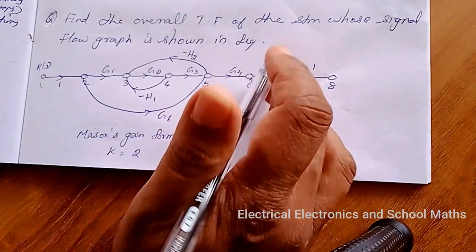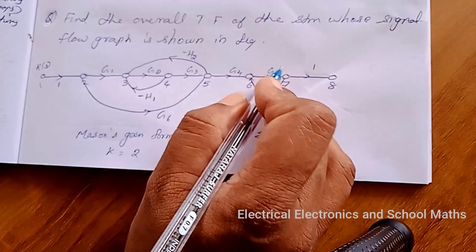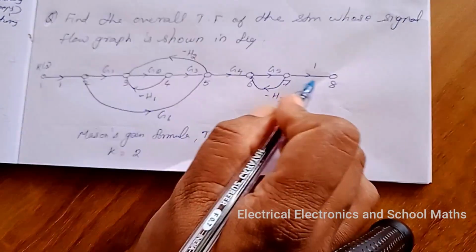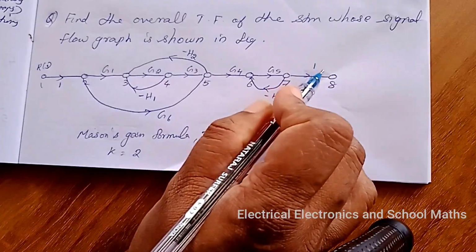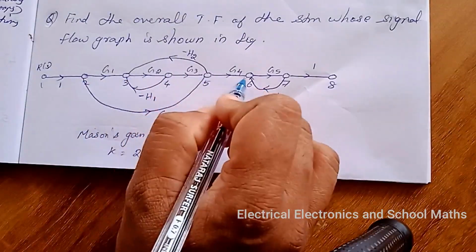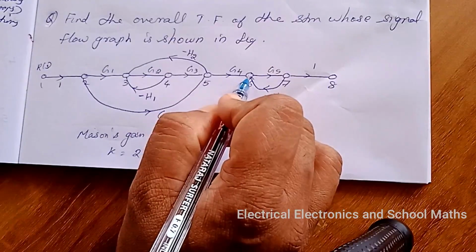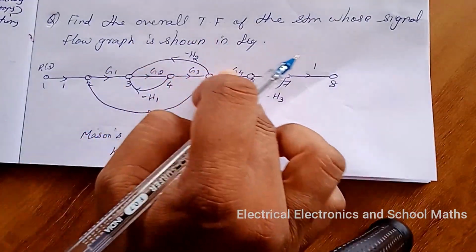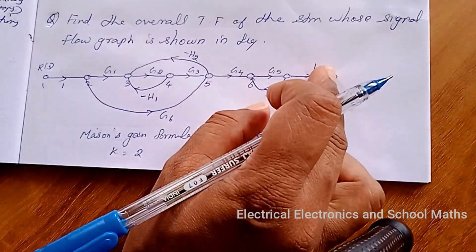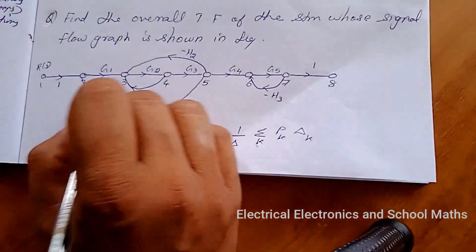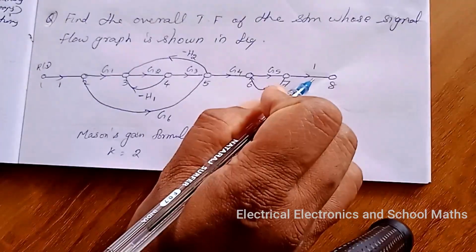So here 1 minus sum of individual loop gains. This is the first forward path, and here we have to find the loop which is not touching the forward path. So there is no loop which is not touching this first forward path.